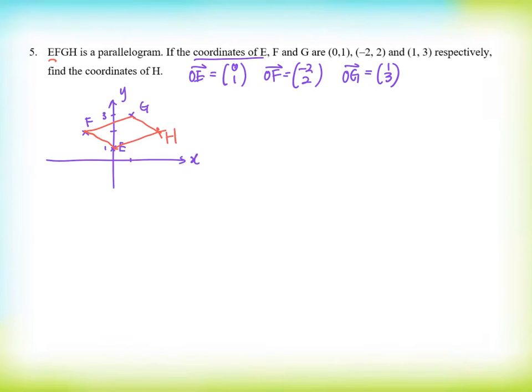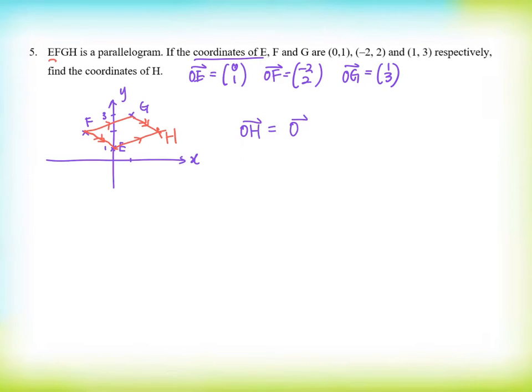Now, parallelograms have a lot of vectors that are equal to each other. For example, E to H is the same as F to G. G to H is the same as F to E. So we have quite a couple of equal vectors. Now, they want us to find the coordinates of H. That means I need to travel from O to H. How can I go from O to H? O to H will be the same as going from O to a particular point.